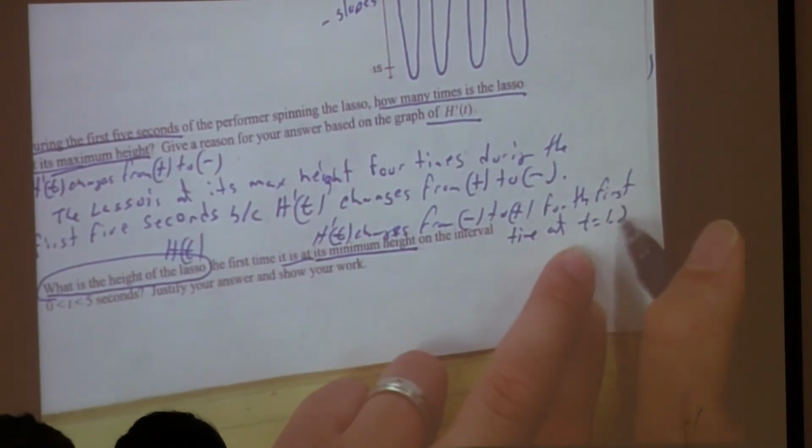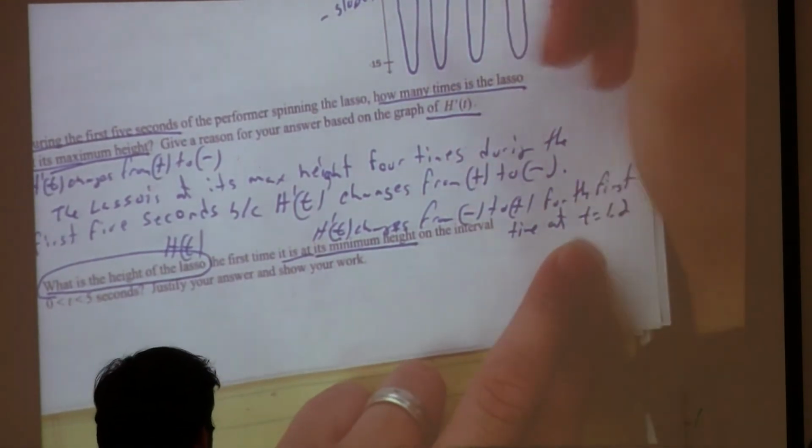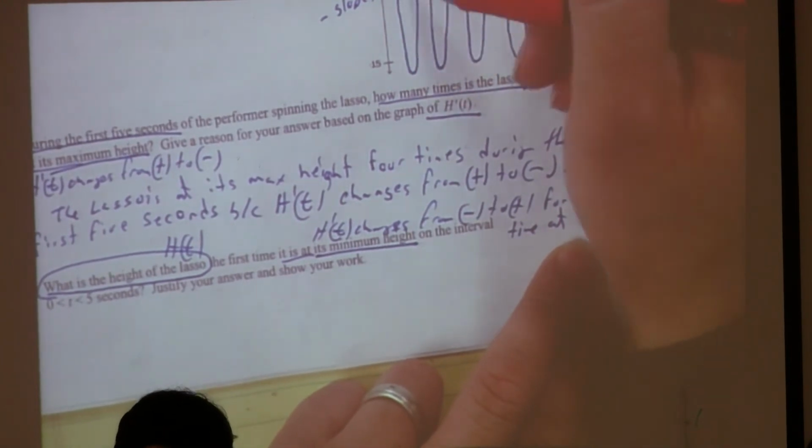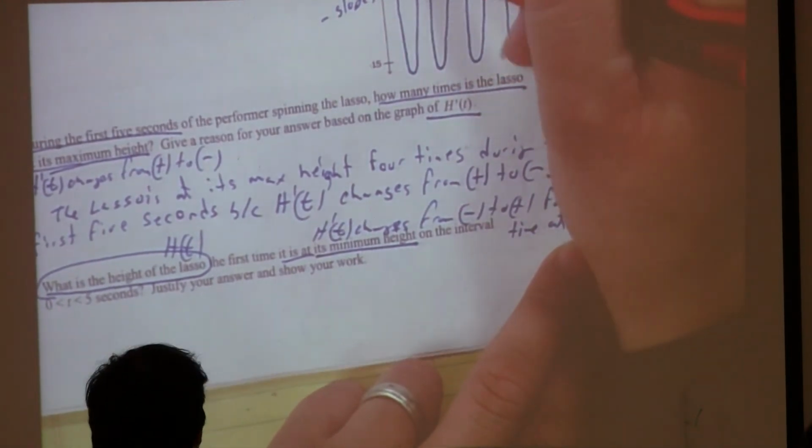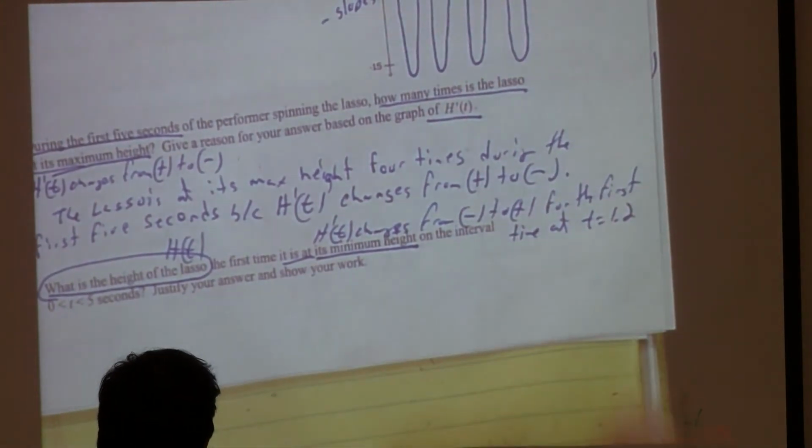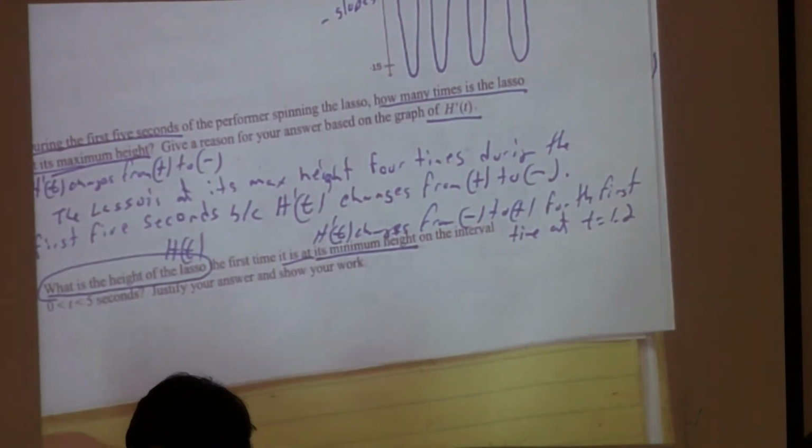T equals 1.2. So looking up here, it's above to below, below to above, negative to positive. So it's going to happen for the first time at 1.2. So I guess it was a good idea that I put those points there, right? Okay. So it happens for the first time at 1.2.